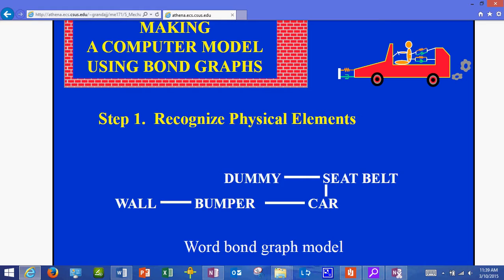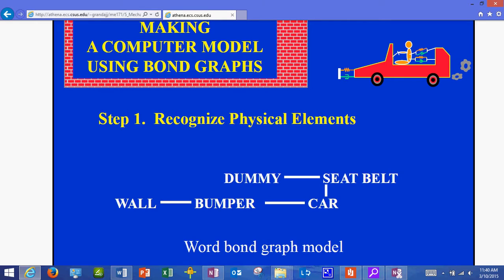You have the wall over here on the left hand side. You have the bumper here on this. You have the car seat belts right here and the dummy there. These are all the components of the system that we have.